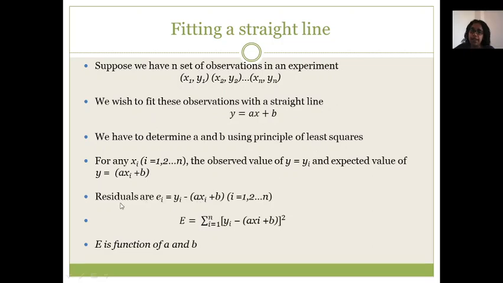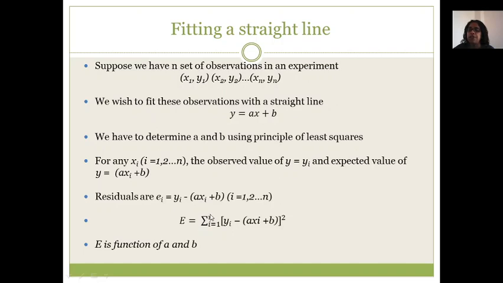Naturally, we can find the corresponding residuals for each observation. So in general, ei = yi - (axi + b) when i is from 1 to n. Then what about the sum of squares? Capital E is equal to the sum of the squares of this small ei, that is, yi - (axi + b) squared.